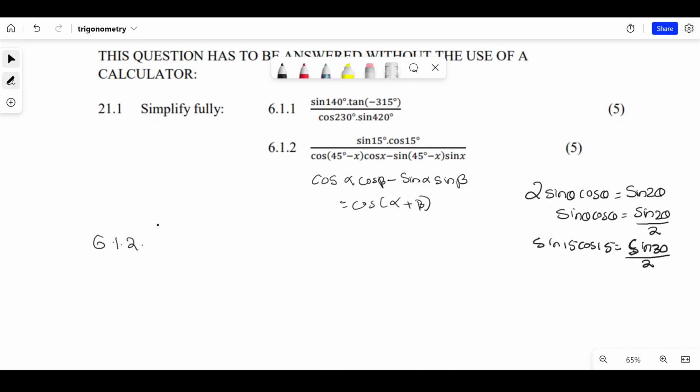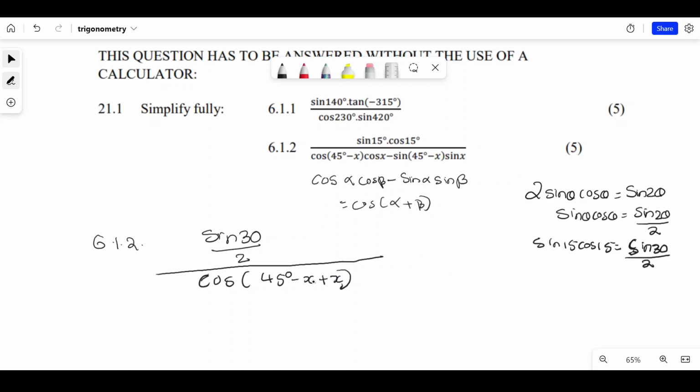That means the top part can be written as sine 30 divided by 2. Now the denominator is a direct application of the compound angle formula. This is the alpha and beta. So you can directly write the answer as cos of alpha plus beta, which is cos of 45 minus x plus x.